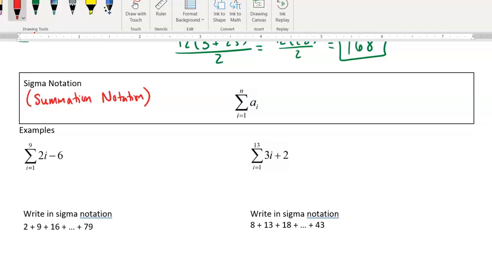Now, what do all these symbols mean? This Greek letter represents the sum. Below there we have what's called the index. The index tells us what term we're starting with.